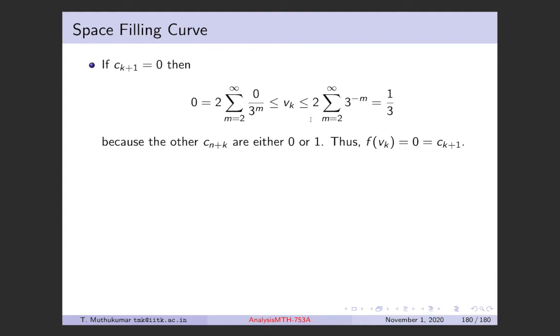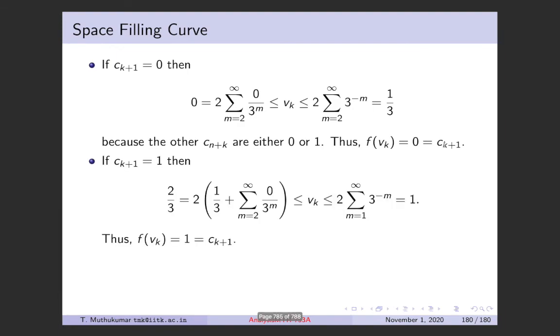So that way we have shown that f of vk is 0, because that is by the definition of f. f was 0 whenever any number was lying between 0 and 1/3. So vk is lying between 0 and 1/3 whenever c_{k+1} is 0. So f of vk is 0, which is the same as the value c_{k+1}. So whenever c_{k+1} is 0, f of vk is c_{k+1}.